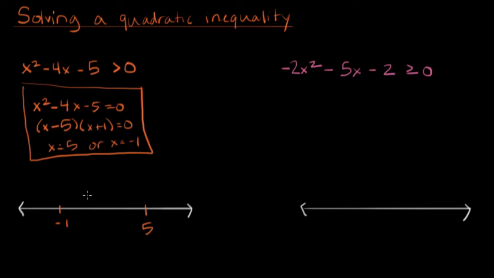Now, I want to ask myself, where is this thing greater than 0? So there's a couple of different ways to do this, and I want to talk about a couple of ways. So one way, and my favorite way, is that you can visualize this parabola.